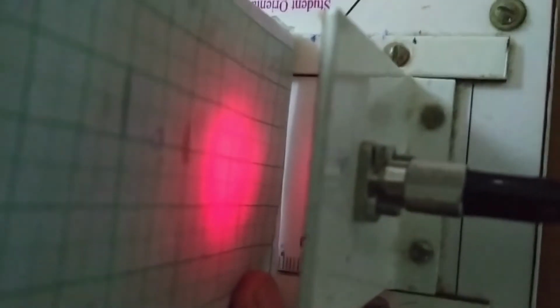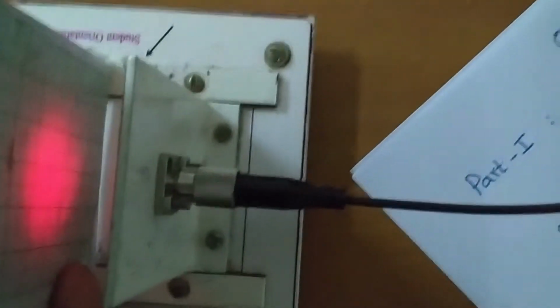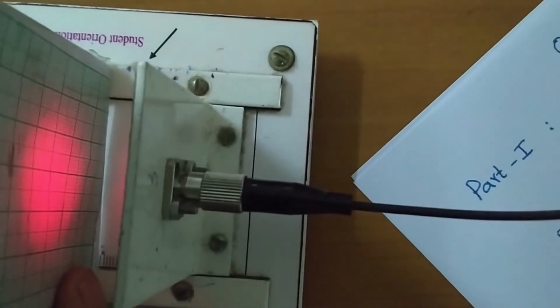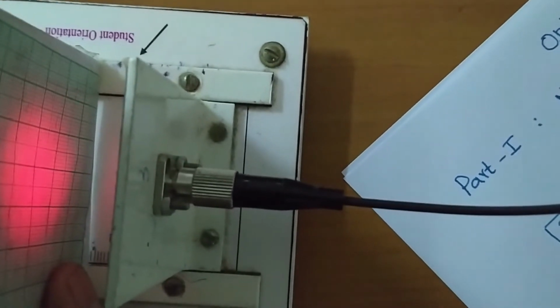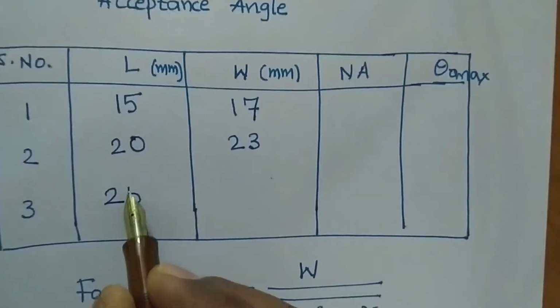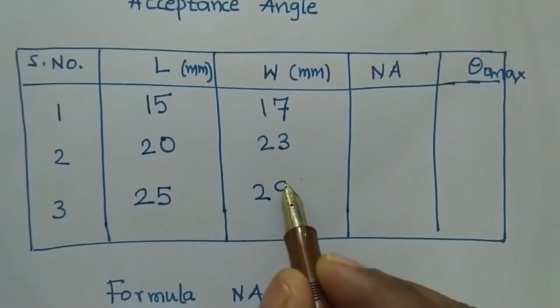From this end to this end, it will be around 29 or 30. So 29 it is. I write this value as 25 for L and 29 as the spot width.